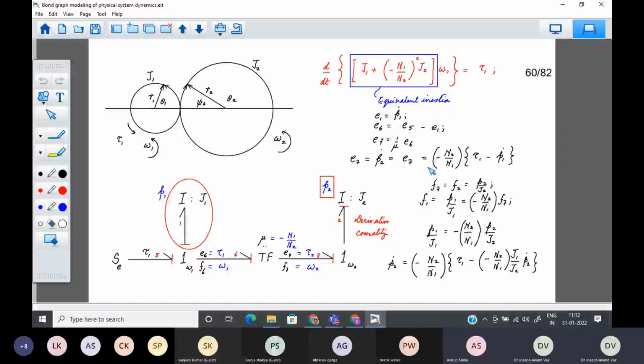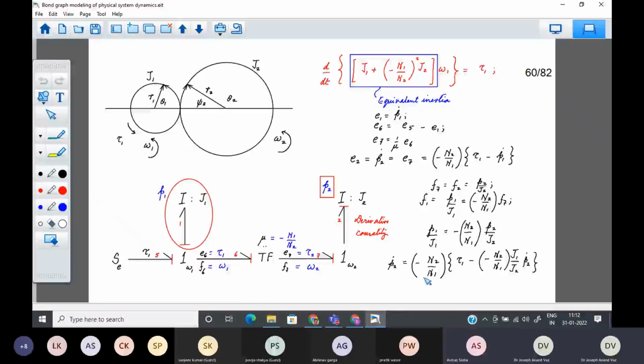So we have this relationship. We can substitute it here. So P2 dot is equal to effort 7, and that can be written as minus N2 by N1 into tau 1 minus P1 dot. Okay, from this equation. And P2 dot, you can now write, if you do this substitution, okay, what does this system give to this I element?